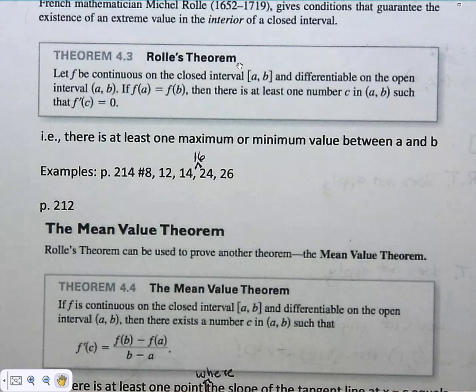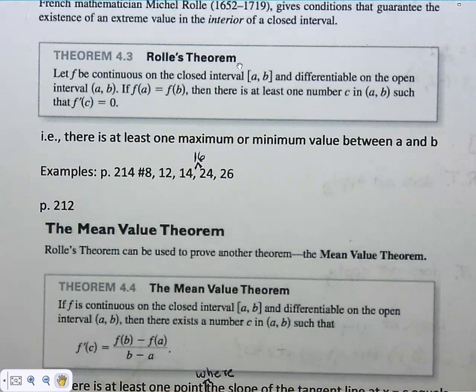So when we use this theorem, we have to make sure that the conditions are met. When you use any theorem, you have to show that the conditions are met. So we want to know, and we can tell by looking at the graph, or some functions we just know are continuous everywhere, like sine or a polynomial function. But we want to know that the function is continuous on the closed interval from a to b, and it's differentiable on the open interval from a to b.